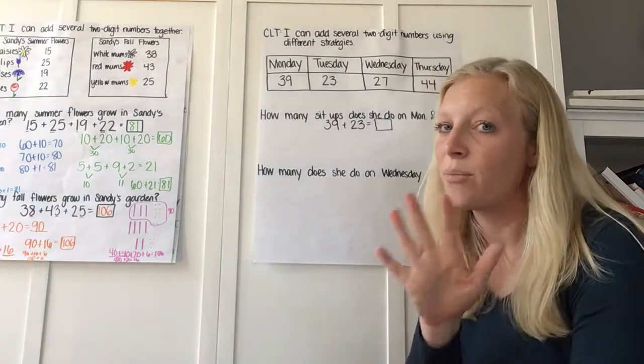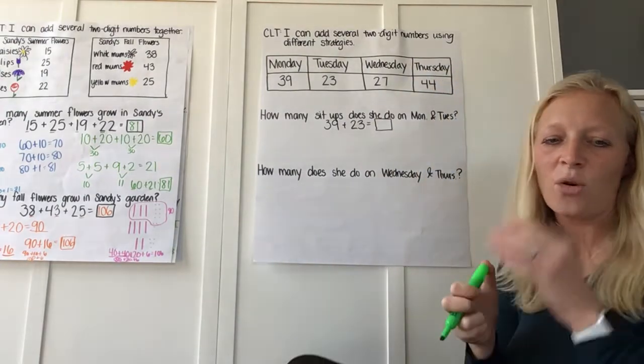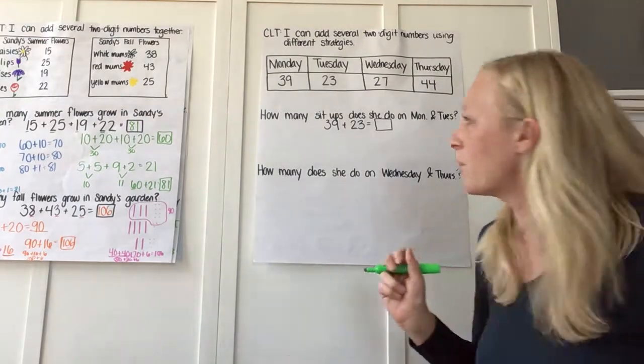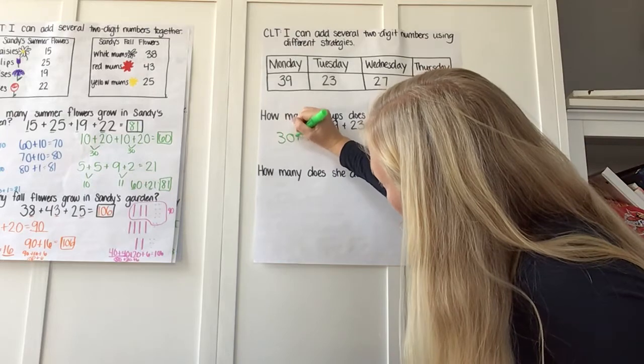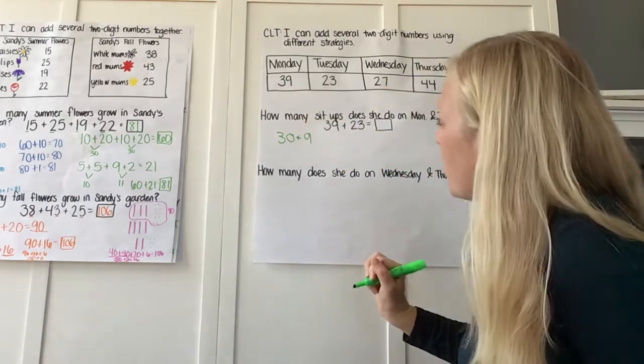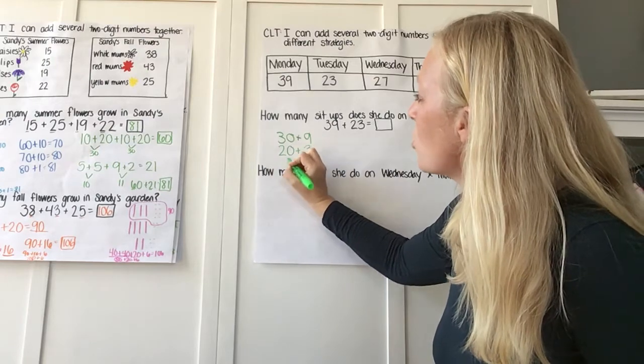All right, friends, let's take a peek. Remember, you can pause me at any time if you're not quite ready, but let's go ahead and show what we know. All right, my first friend, you wrote 30 plus 9 and 20 plus 3.